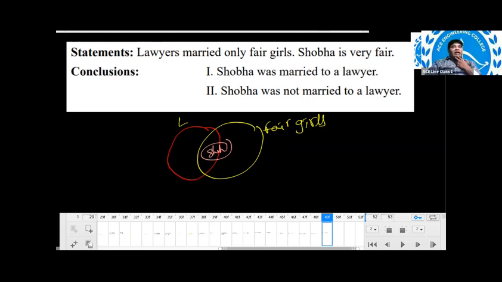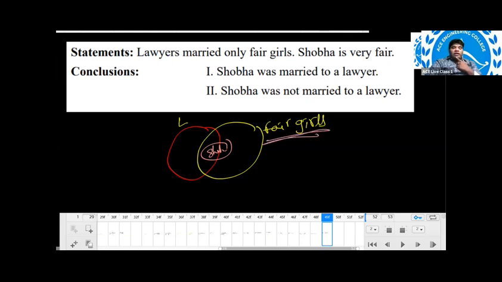Shobha was married a liar, so that means Shobha is a female. Once again, liars married only fair girls, means liars only fair girls. This is completely fair girls.